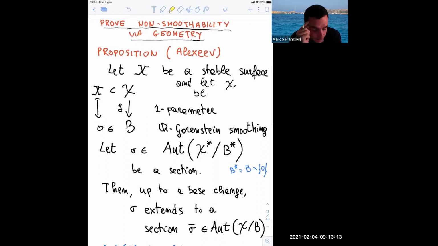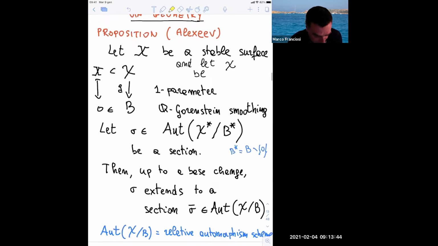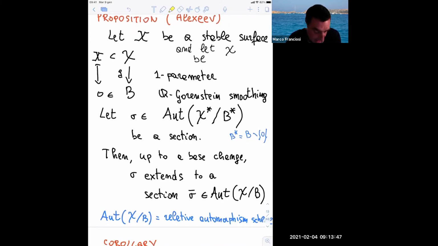If we have a stable surface X, and we consider a one-parameter Q-Gorenstein smoothing, with X mapping to 0 and the total space mapping to B. If we have a section of the Aut of the family over B star, where B star means B minus 0, then up to base change, such a section sigma extends to a global section sigma bar of Aut of the family over B. Here Aut means the relative automorphism group.